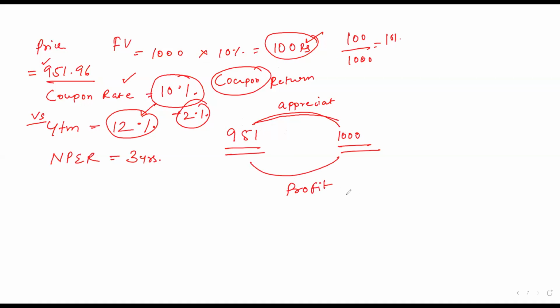There should be a measure which incorporates that 49 rupees profit along with the return on coupon payments, and that is YTM. Are you clear with this, SK? Everyone clear with this? Especially SKU, waiting for your response.